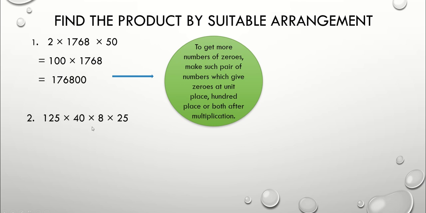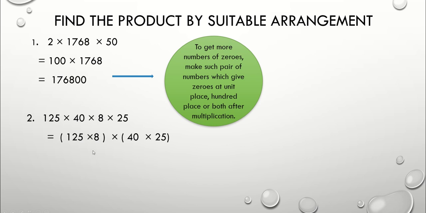So our next question is this: 125 multiplied by 40 multiplied by 8 multiplied by 25. No need to do lengthy calculation. Again I will make pairs. I will not make a pair of 125 and 25 because it will not give you any zero. In this case, I will club 125 and 8 because I know 8 5s is 40.